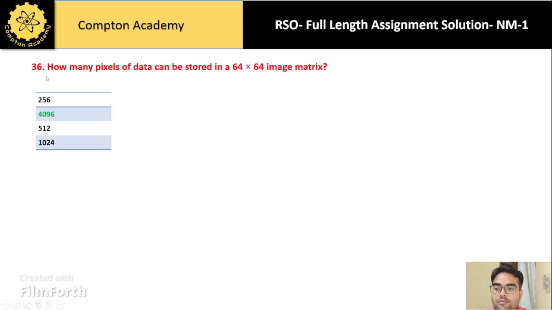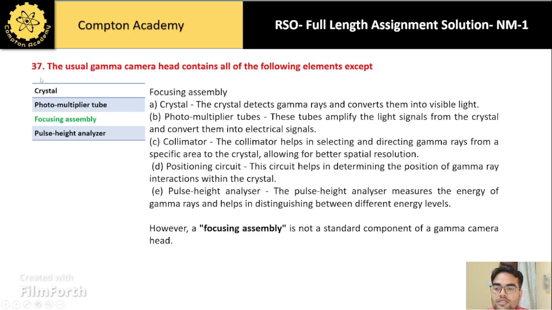Now the question number 36, how many pixels of data can be stored in a 64 by 64 image matrix? Simply multiplying, we get the pixel data which can be stored. This is 4096. Now the question number 37 is, the usual gamma camera head contains all of the following elements except.